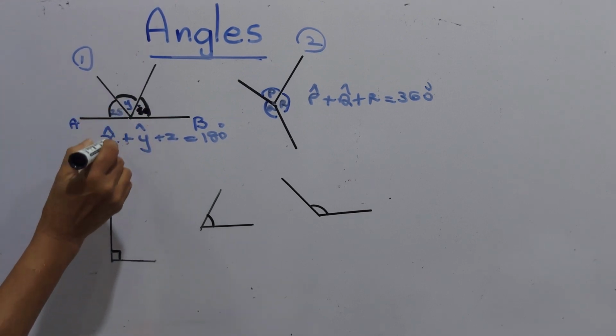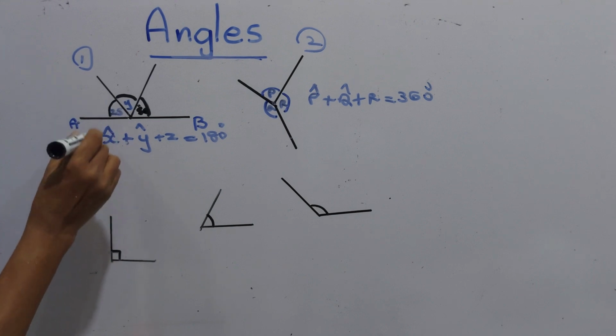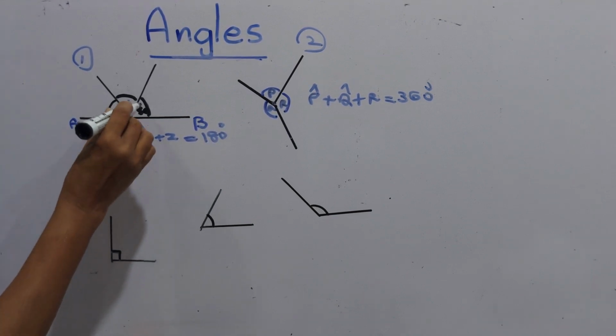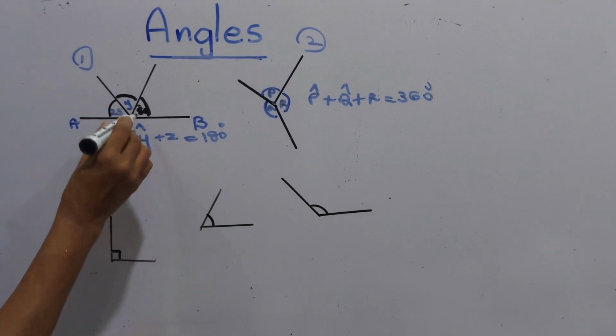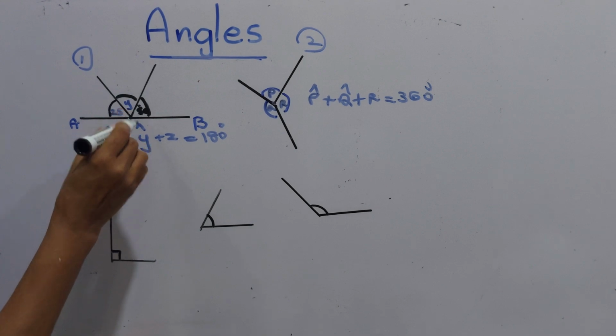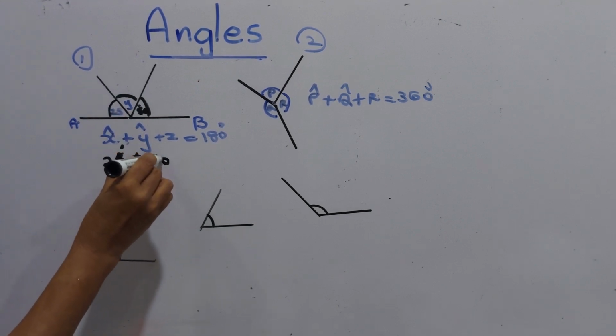Then angle X, you already know, 25 degrees plus angle Z equals 60 degrees.